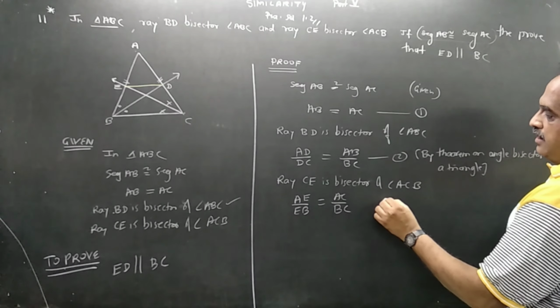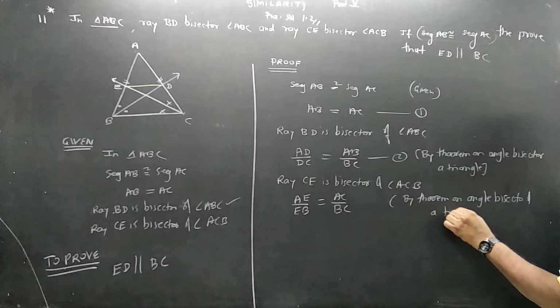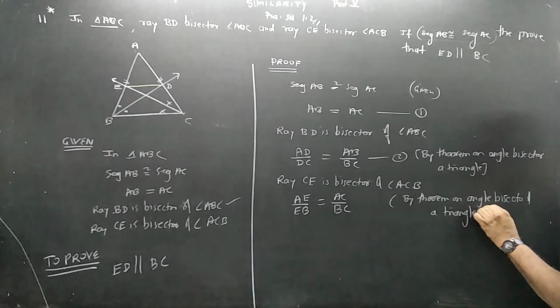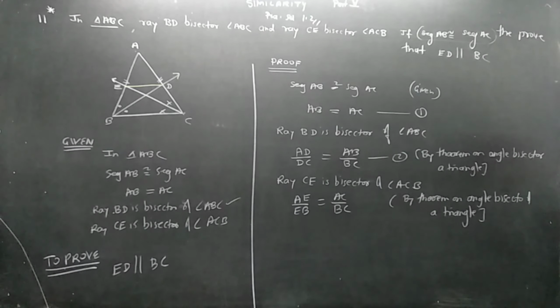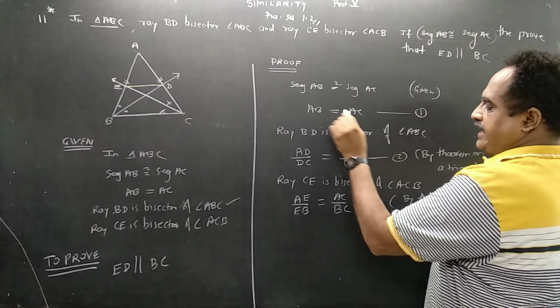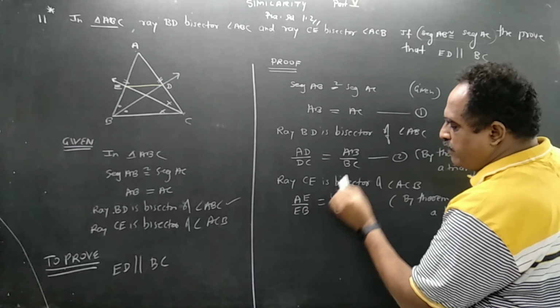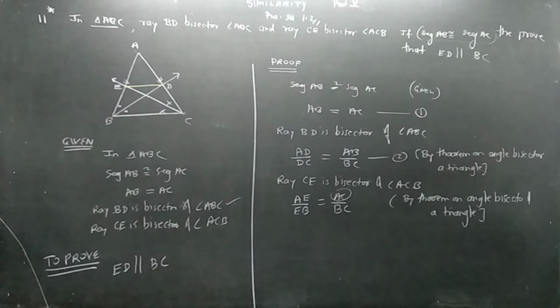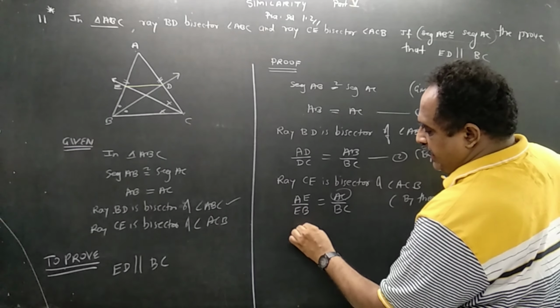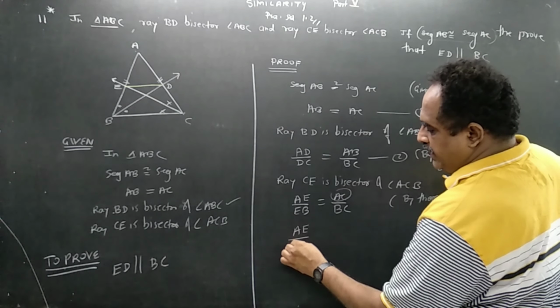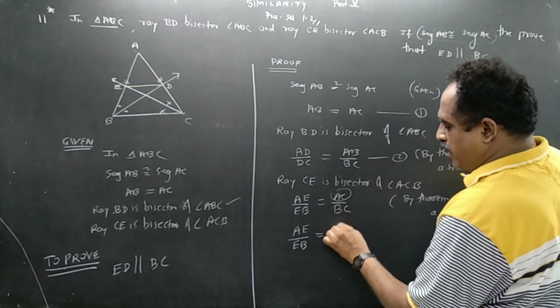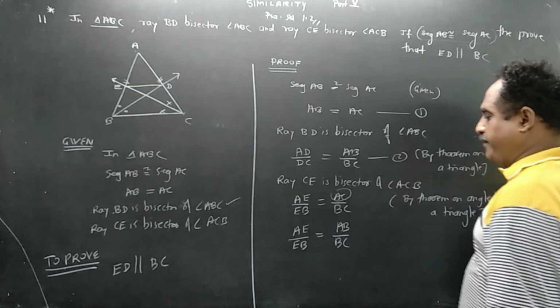This you are going to write by theorem on angle bisector of a triangle. Once you did that, we know that AC is equal to AB. Means AC को मैं किससे replace कर सकता हूँ? AB से. So AB upon EB is equal to AB upon BC.